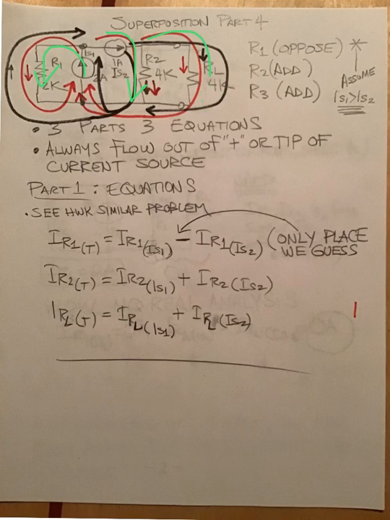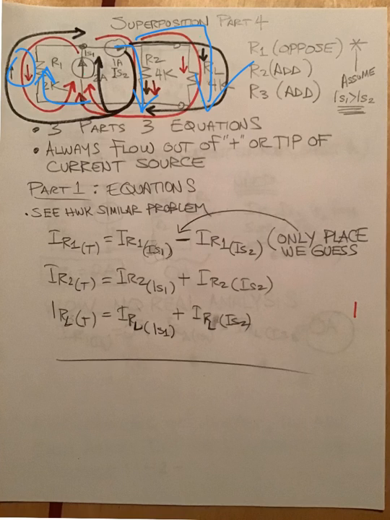Now, that being said, what I'd like to do is look at the second source that's out there. And what you'll see is that the second source flows down in the direction of the black arrow, down in the direction of the black arrow, and up in the direction of the black arrow to the left here that I've drawn in.